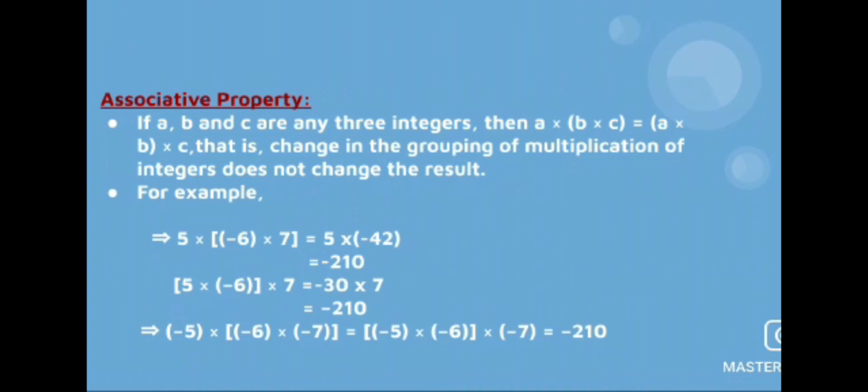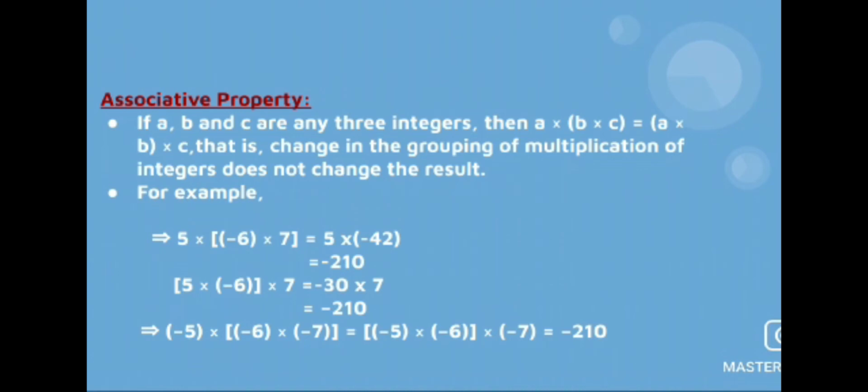Whatever number they are giving inside the bracket, we have to do that first according to the BODMAS rule. So you can write that 5 as such, and minus 6 into 7 is equal to minus 42, because we have alternative signs, so you have to include a negative sign before the product. So 5 into 42 is 210, alternative signs, so we have to include a negative sign before the product.